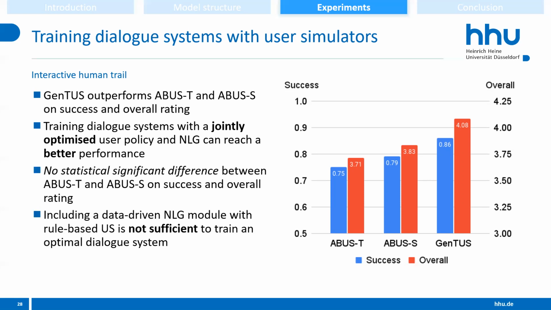Second, there is no statistically significant difference between the systems trained by the agenda-based user simulator with template-based NLG or SCGPT on success and overall rating, which means including a data-driven natural language generator module with a rule-based user simulator is not sufficient to train an optimal dialogue system.